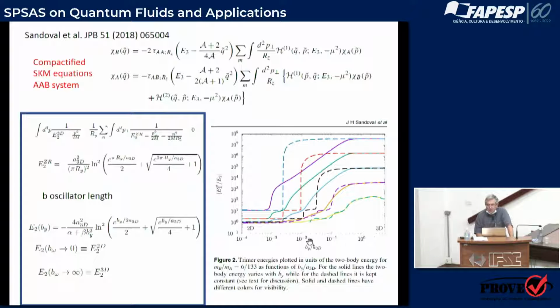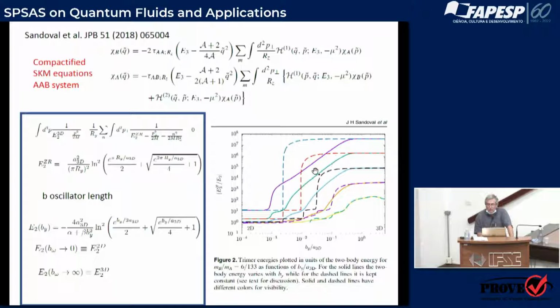Now, when we start to squeeze the system, first look at the dashed ones. You see that at some point, these states go to the energy of the dimer. They are going to 1 here. And then one by one they disappear until only 3 of them are kept, which are the ones that this system has in 2D.